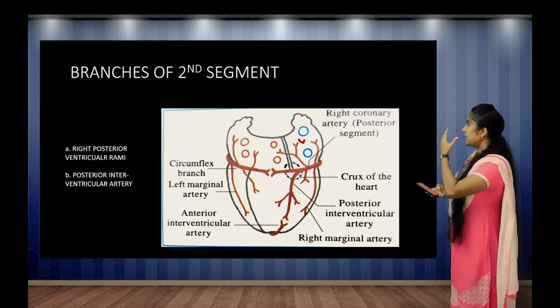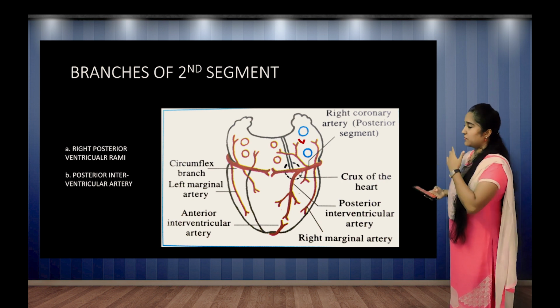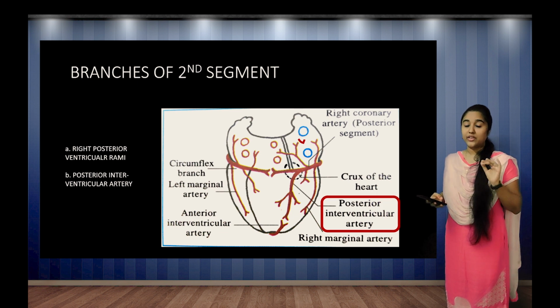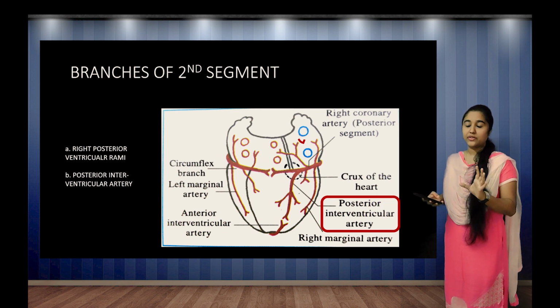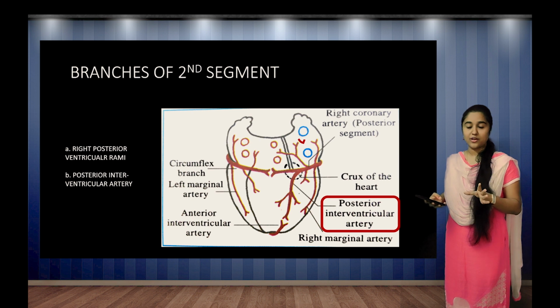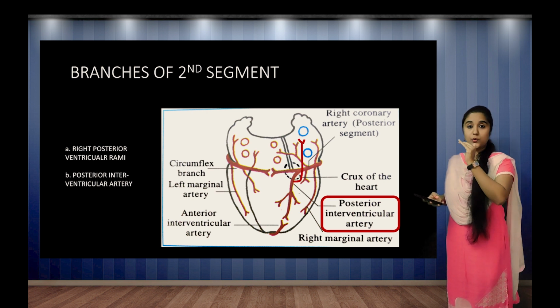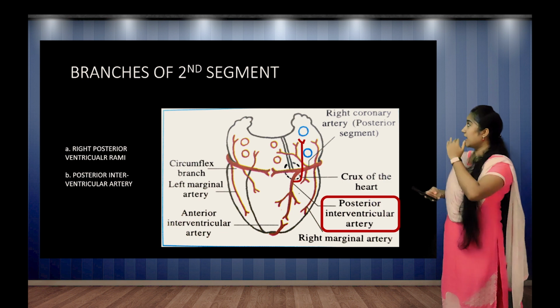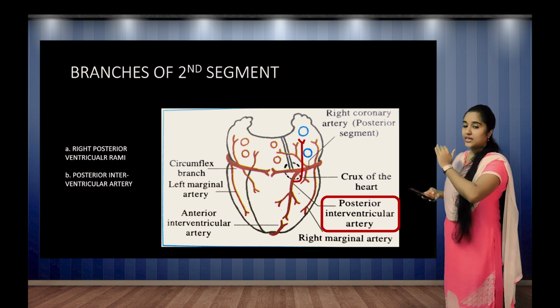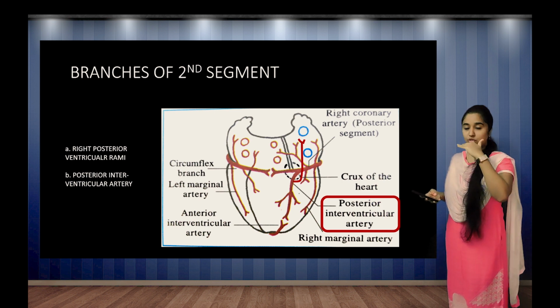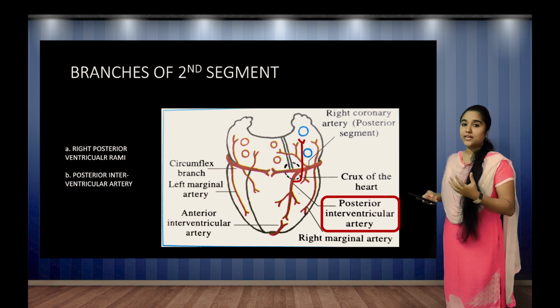Now we can see a big branch arising from the second segment. That is known as the posterior interventricular artery. The posterior interventricular artery is one of the largest branches of the second segment. From the posterior interventricular artery, one artery takes an inverted loop and goes to the right atrium to supply the AV node.